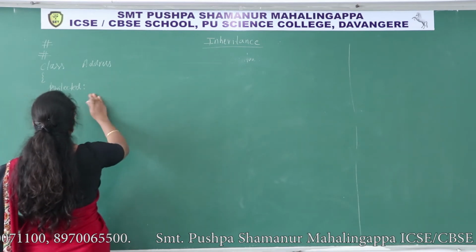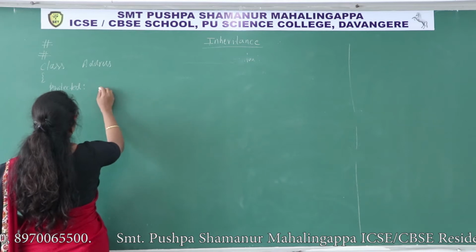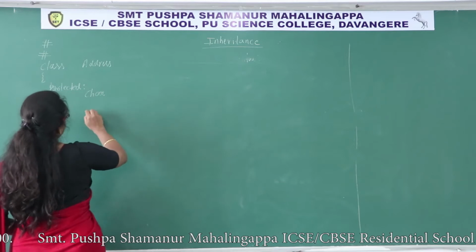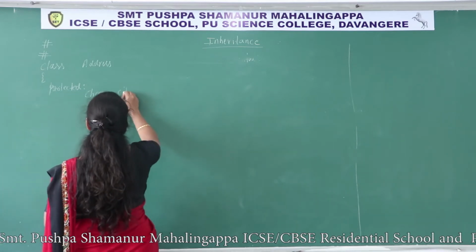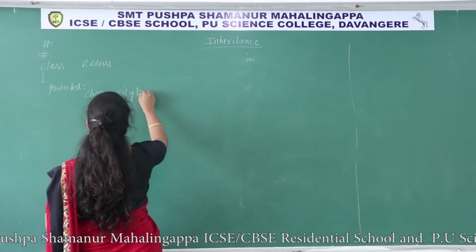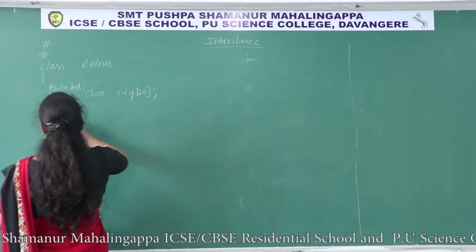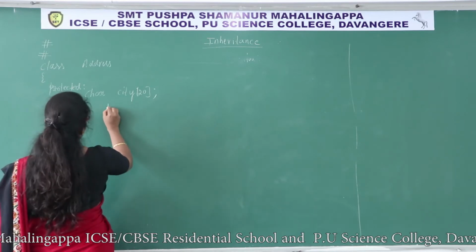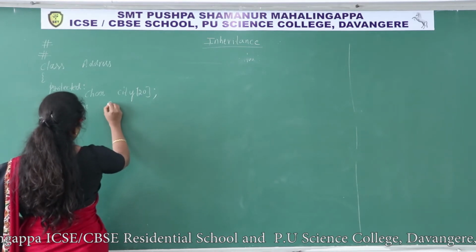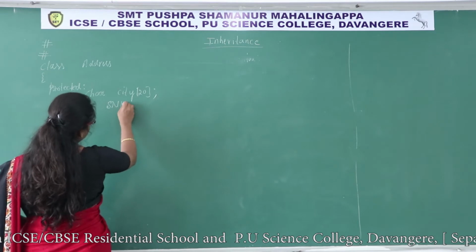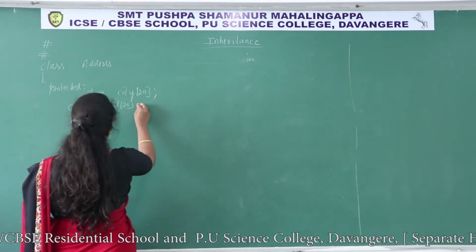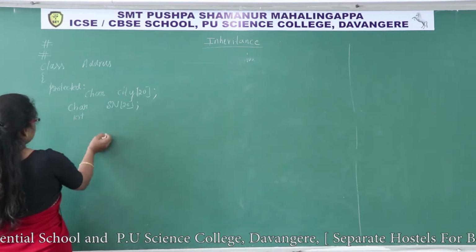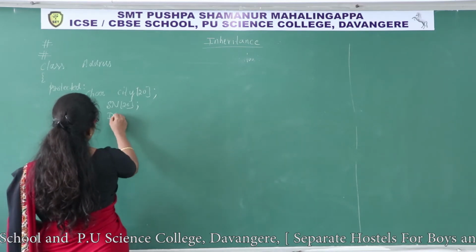I'll take char city 20, char street name, then door number, integer type.